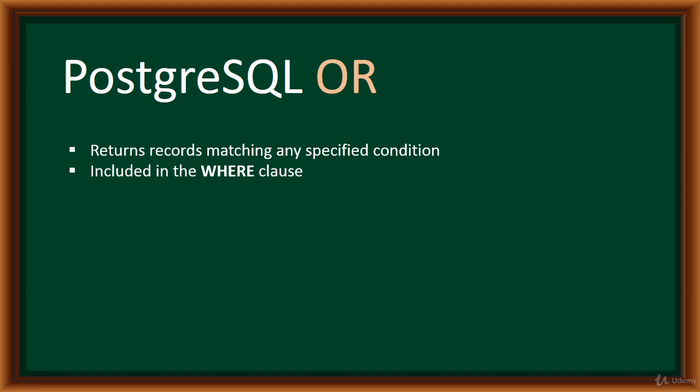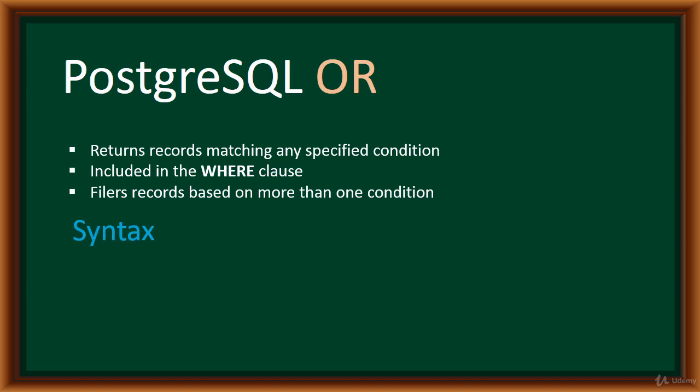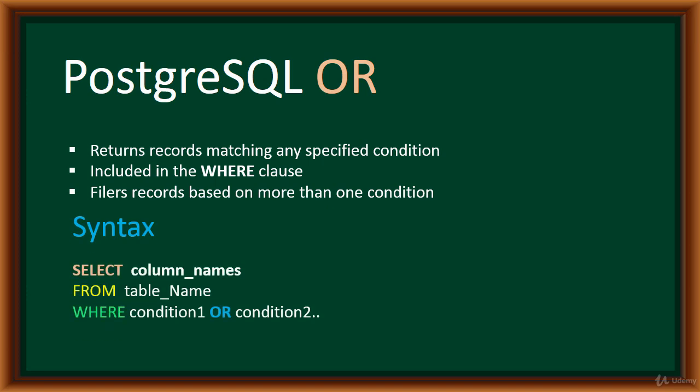Let's have a look at a typical syntax, how you specify the OR operator. You can use it to filter records based on one or more conditions. Once you've written the SELECT statement, you've specified the FROM keyword, and then in the WHERE clause is where you specify the condition that the data will return from the query.